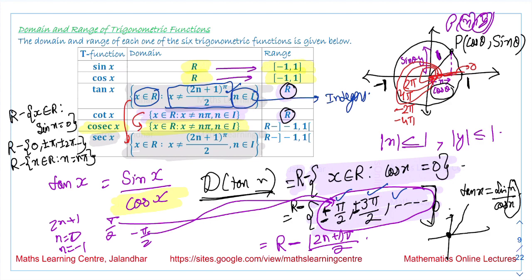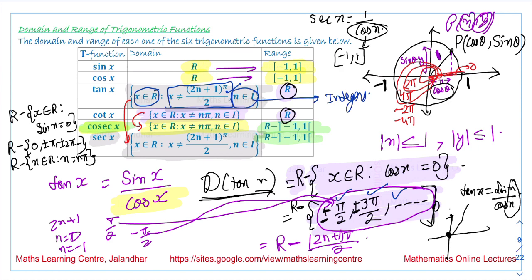And when we talk about the range of these functions, the range of cosecant x is R minus the open interval from minus 1 to 1, and the range of secant x is also R minus the open interval from minus 1 to 1. When we look at secant x, which is equal to 1 by cos x, cos x can take values in the closed interval minus 1 to 1.